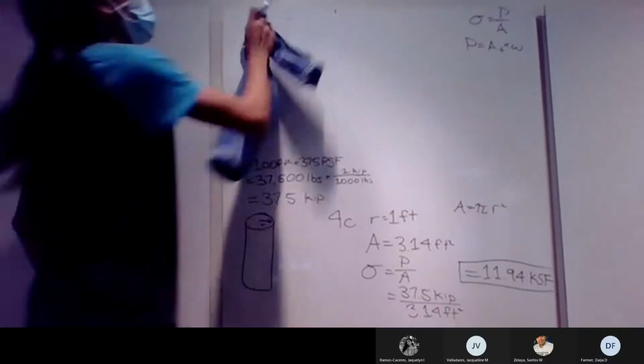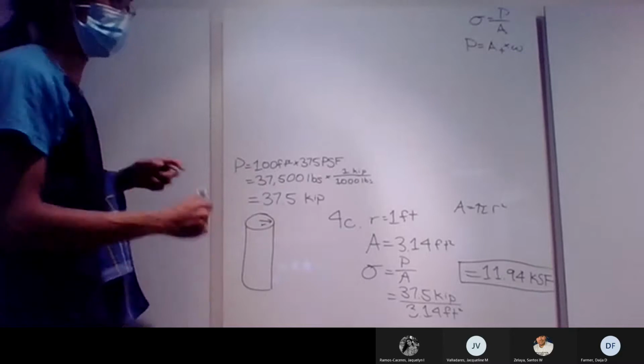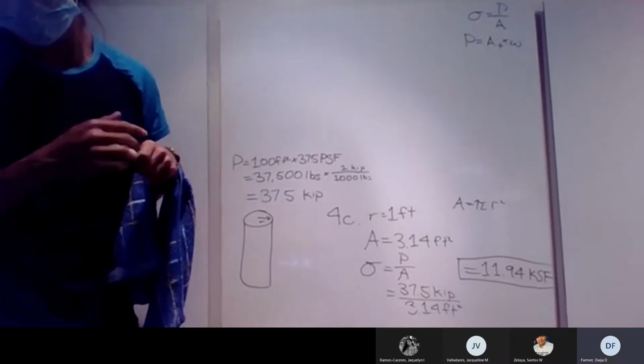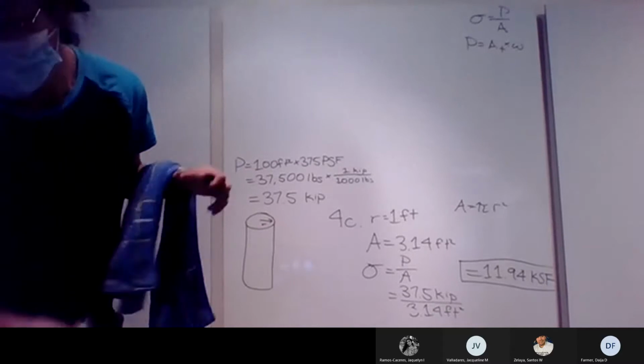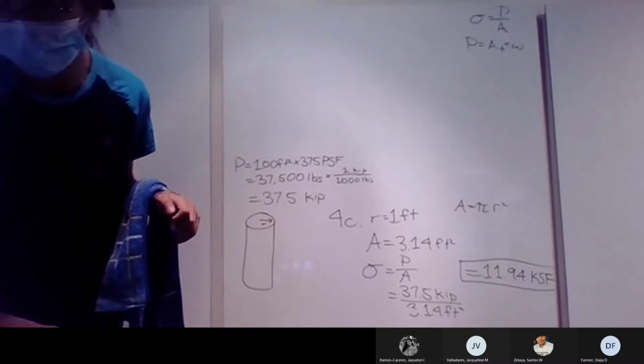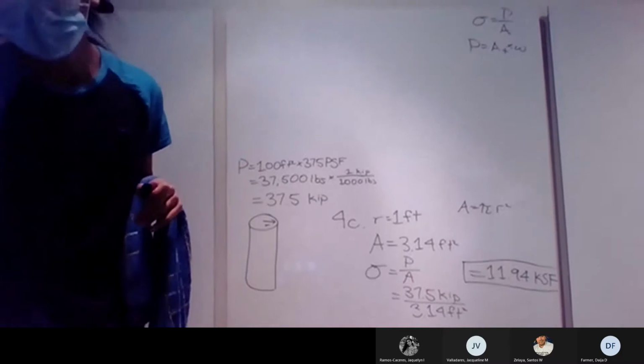So for 4E, we're scratching this load right here. We're given a new tributary area and load. It doesn't have sub T, which is strange, but I think this is what they're going for.